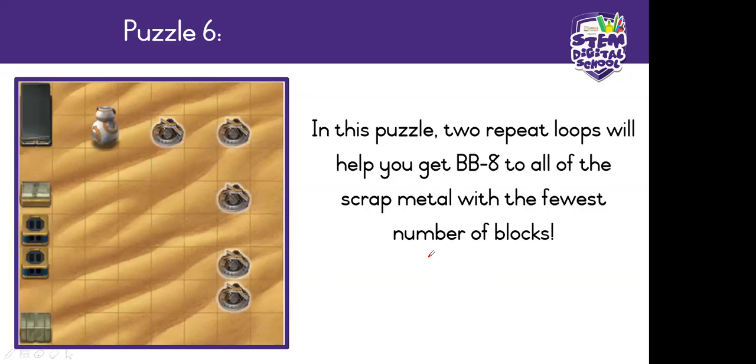Okay. This is your last puzzle, puzzle number 6. And in this puzzle, 2 repeat loops will help you get BB-8 to all of the scrap metal with the fewest number of blocks. Now you can use a lot of code to write this one and say, move forward, move forward, move forward, move forward, turn right, move forward, move forward, move forward, move forward, move forward.